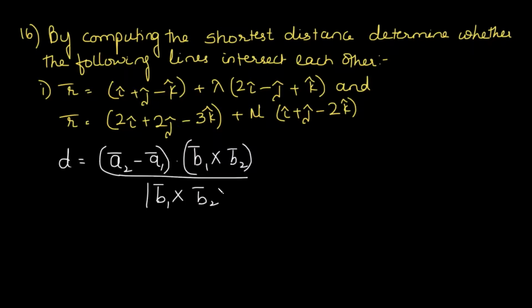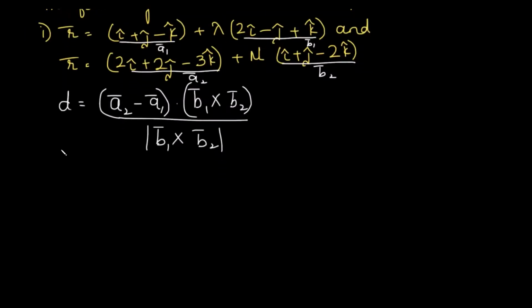By looking at the equation itself, we understand that this is A1, the point through which the line passes, one of the points on the first line. This is B1. This is A2, obviously. And this value is B2. So we apply this here. We use these values and find all the values that we require.